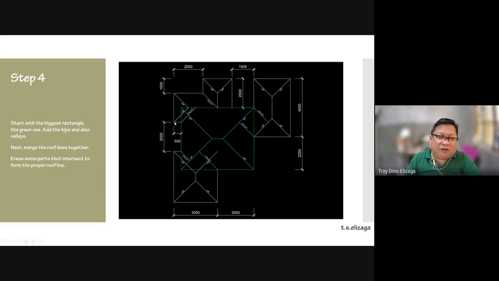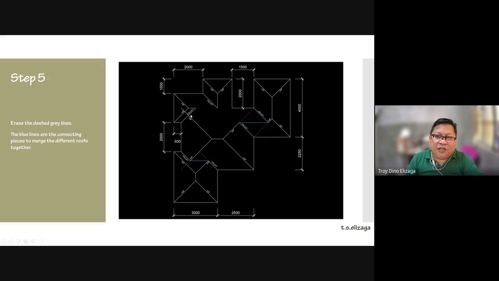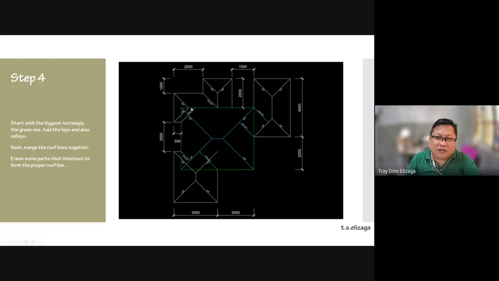And then from here, we have a valley which intersects this one, and then it continues like that. And it continues even further.